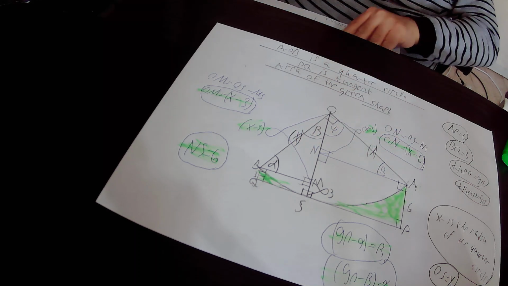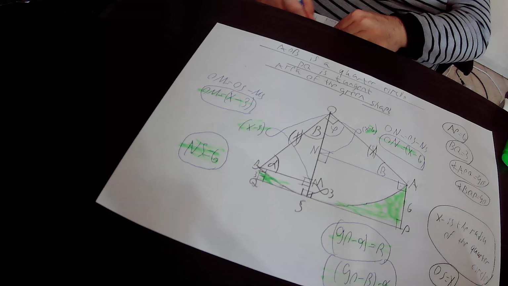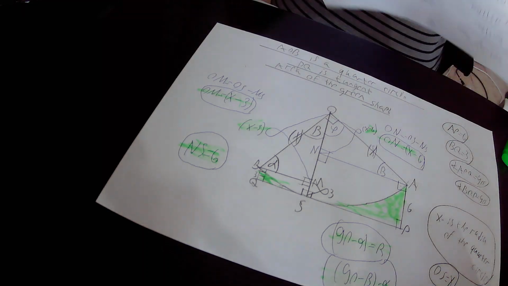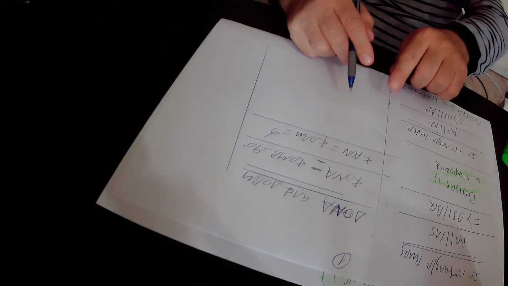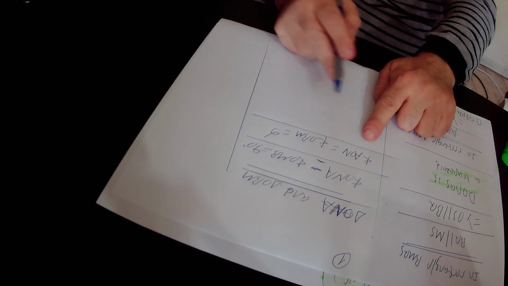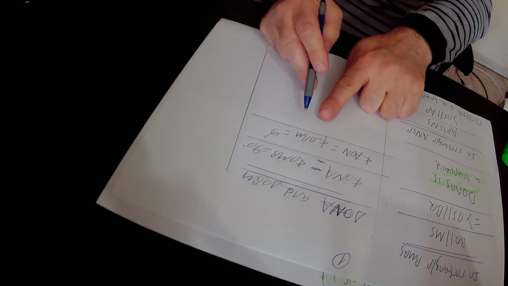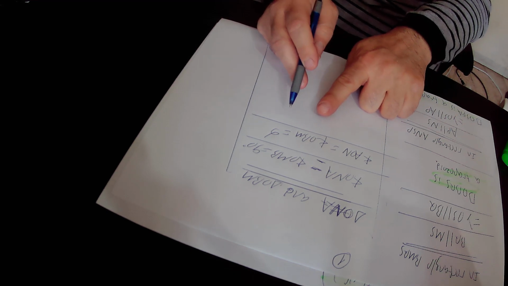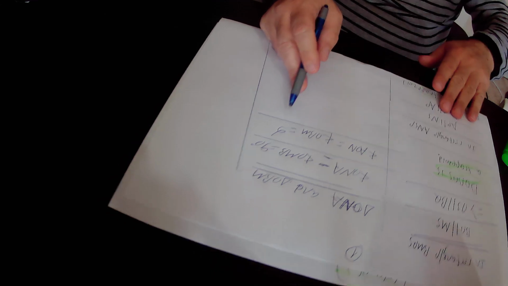So I repeat again. Angle AON in the right triangle ONA equals angle OBM in the right triangle OBM. They are both equal to alpha, therefore they are equal to each other.